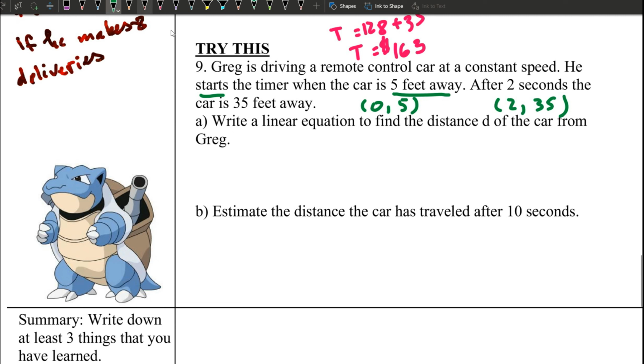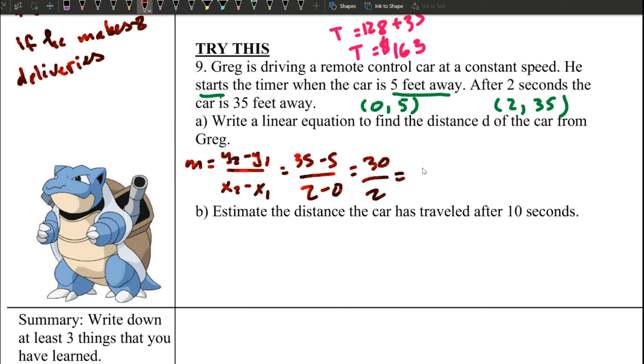So we have 2 points. You need to find slope. Okay, so it takes 15 feet per second. Your slope is 15 feet per second.